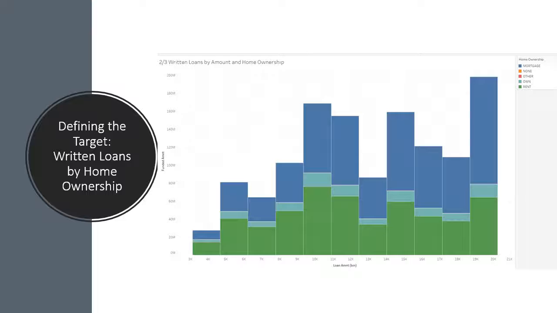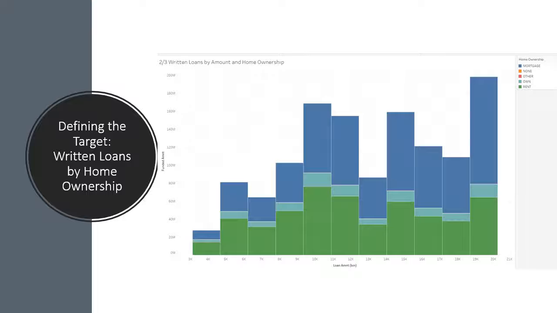and we applied color to the graph based on home ownership. Again, this creates that stark stacked bar graph that clearly shows that in the dark blue are mortgages, in the green are renters, and the light blue section are owners of their own home.